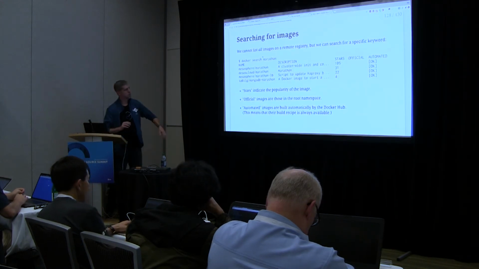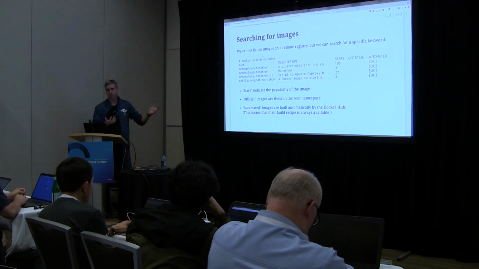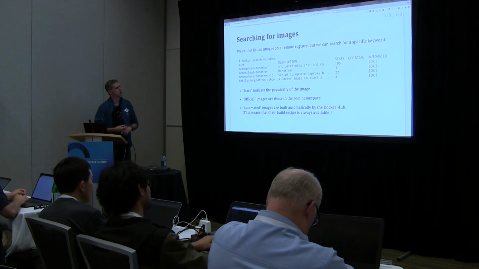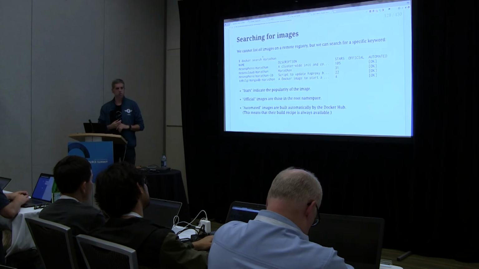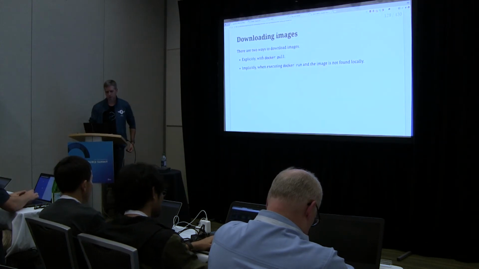And there's actually a simple search capability to look for an image on DockerHub. Say you're looking to see who has created a packaging of a popular open source tool that you'd like to use. You can look on DockerHub for that.